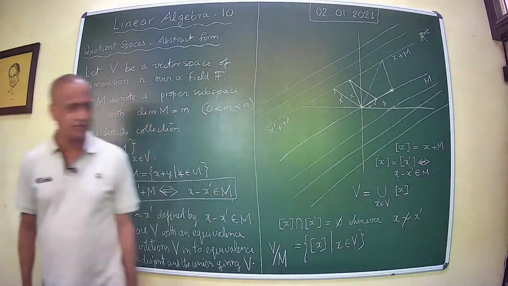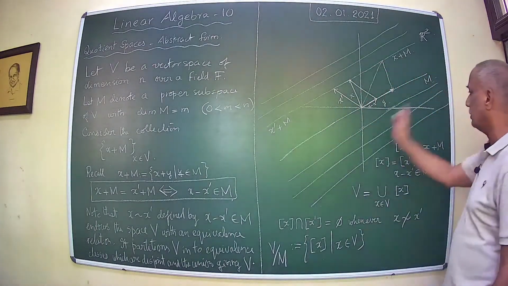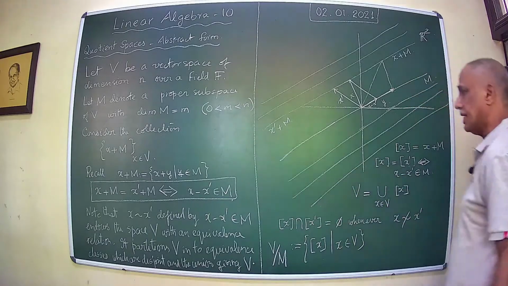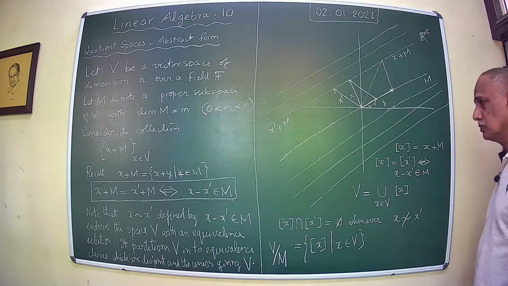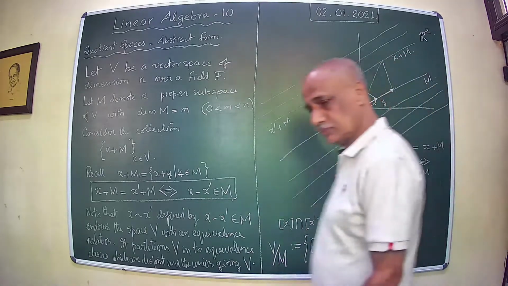Okay, right. So we have constructed a new set. The new set consists of all these lines parallel to M, or what we call the translates of the subspace M to x. And you see that this forms a disjoint union.